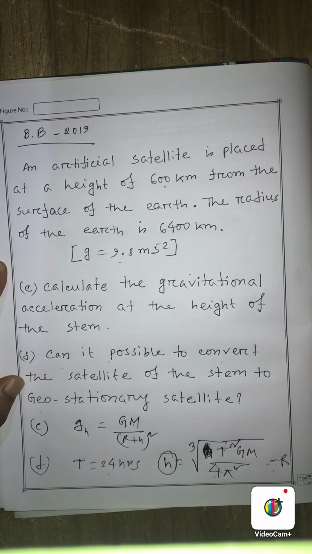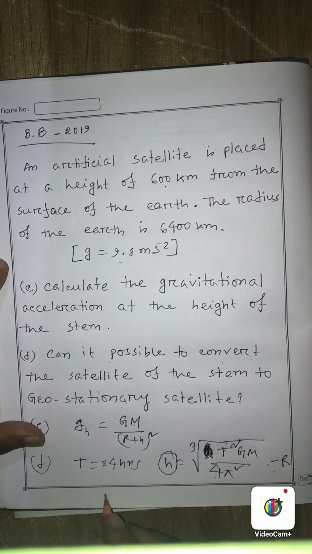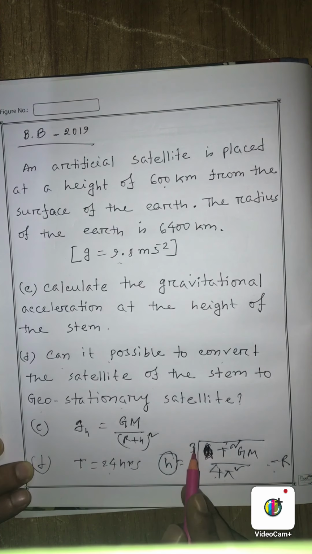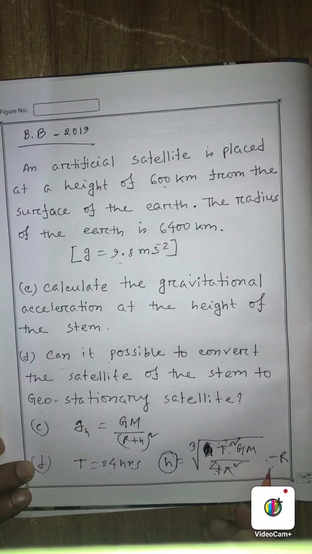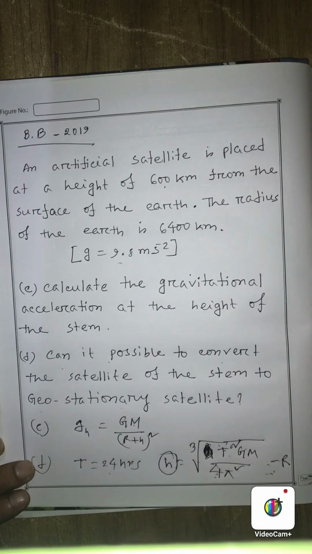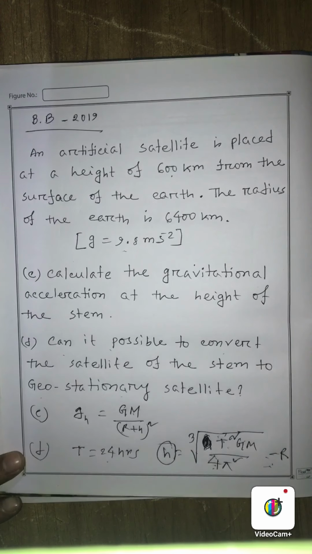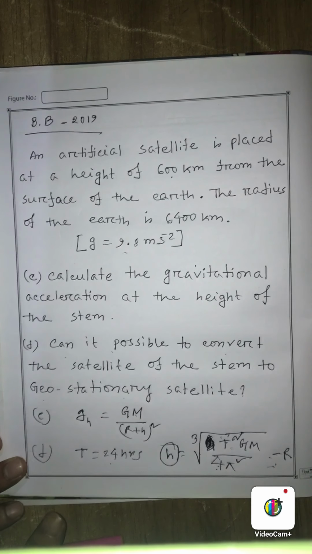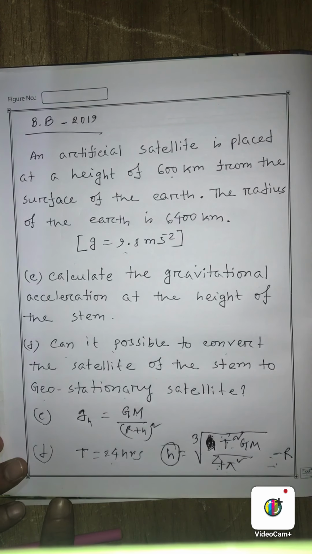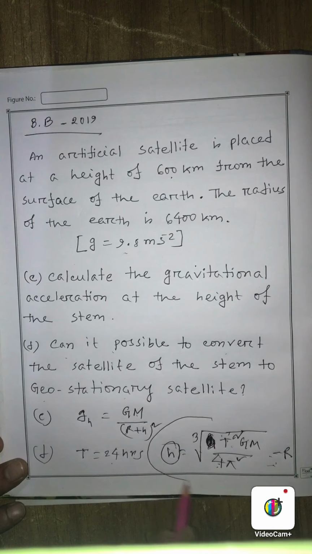At what height, if we place the artificial satellite, is it converted to a geostationary satellite? We use this formula again: H equals cube root of T squared GM divided by 4π squared, minus R.